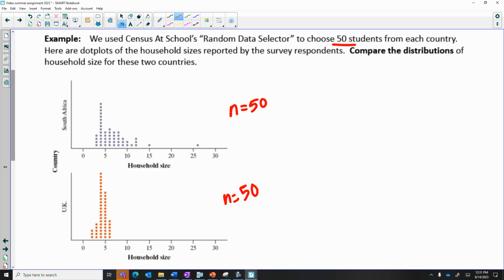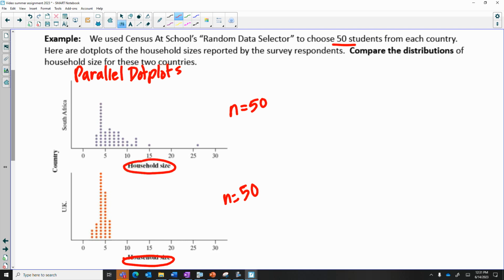And they asked them how many people are in your household. And then they graphed it in the form of a dot plot. So these are called parallel dot plots because they are written right on top of each other. And the reason why this is nice is because we have the same scale on the x-axis for household size, so we can really easily compare all the bullet points of SOCS.